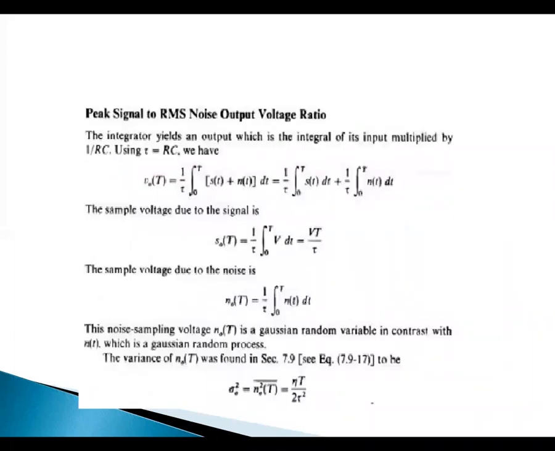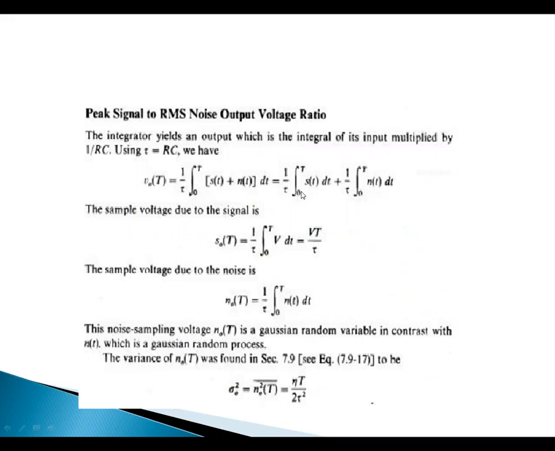Already you know how it comes across. So V naught of t is the output of the integrator, that is 1 by tau integral 0 to t of S of t plus N of t dt.